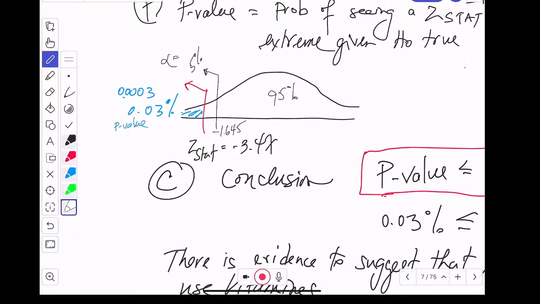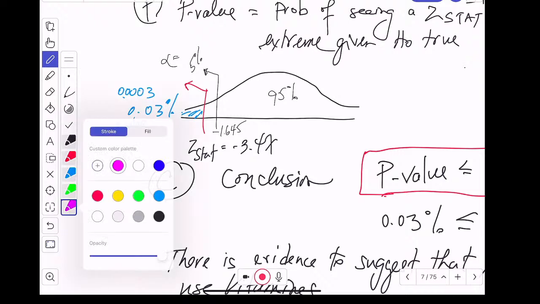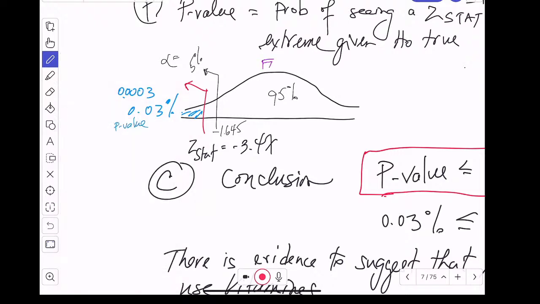So this is the fail to reject region from this way over, and this is the rejection region. And I'm talking about rejecting the status quo hypothesis. Is that messy? Do you guys follow?